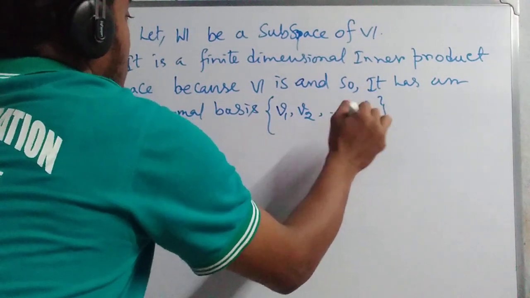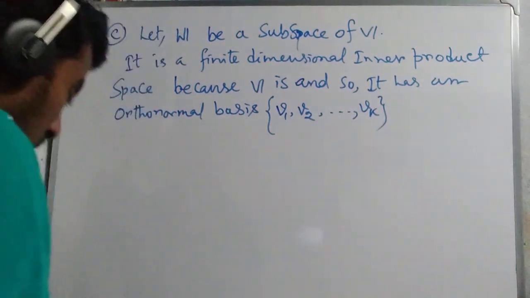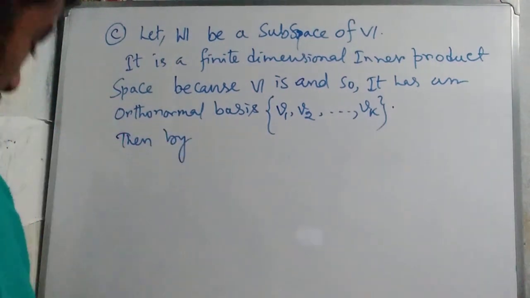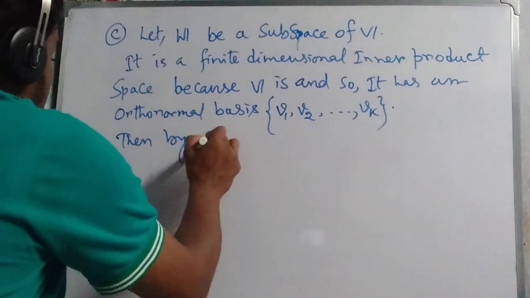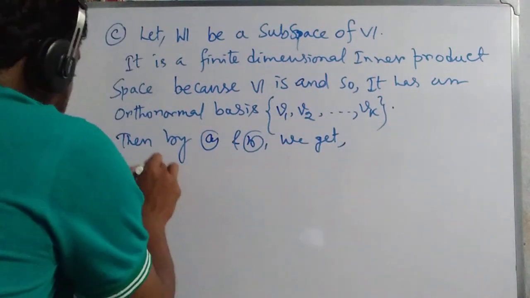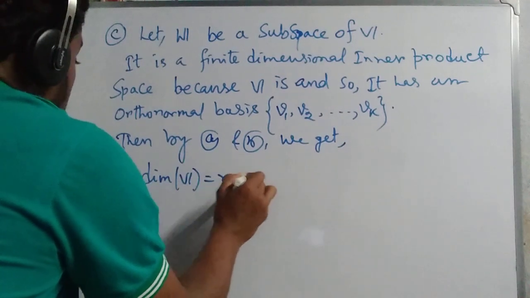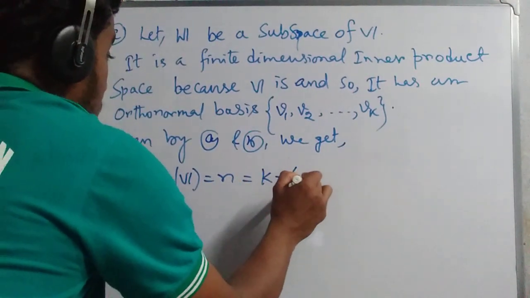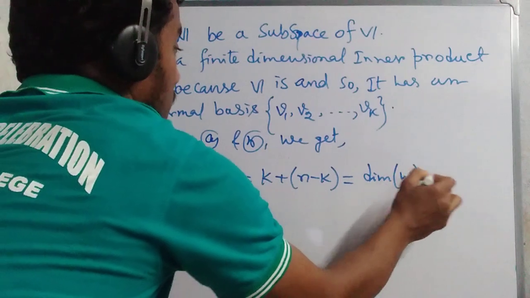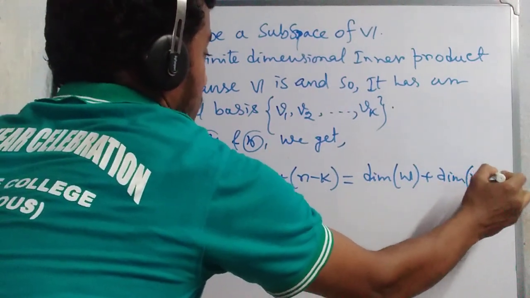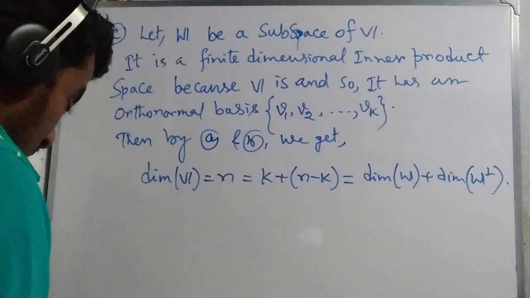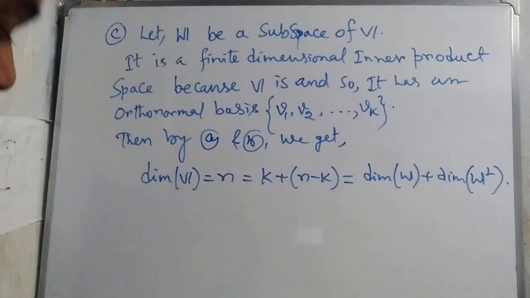Then by A and B we get dimension of V equals n equals k plus n minus k equals dimension of W plus dimension of W perp. Understood?